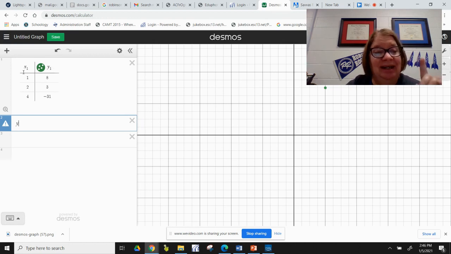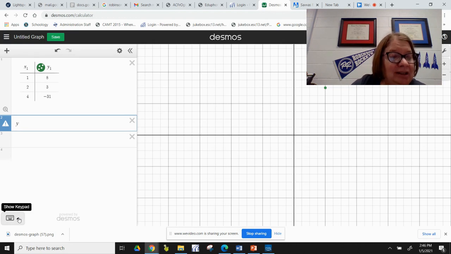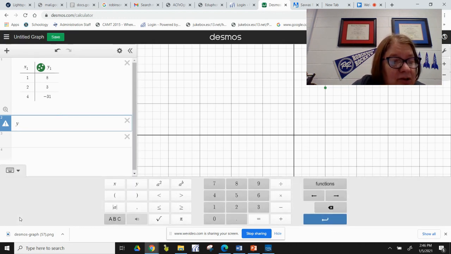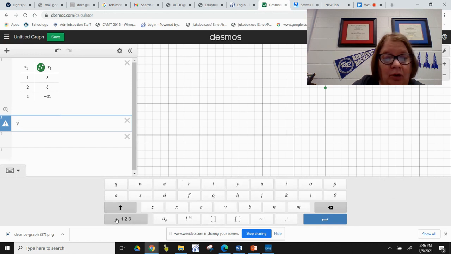Y instead of equals, because this is an expression, we're going to use the tilde mark, which is next to your number 1 on your keyboard, or if you look in the Desmos keyboard and click this ABC, it is here. Be careful. You can't use the equal sign right there. You have to use this mark.